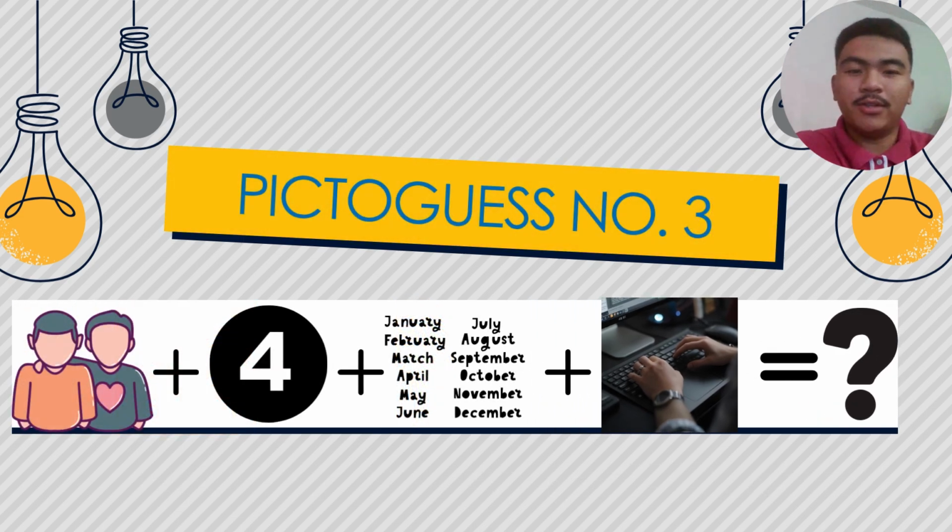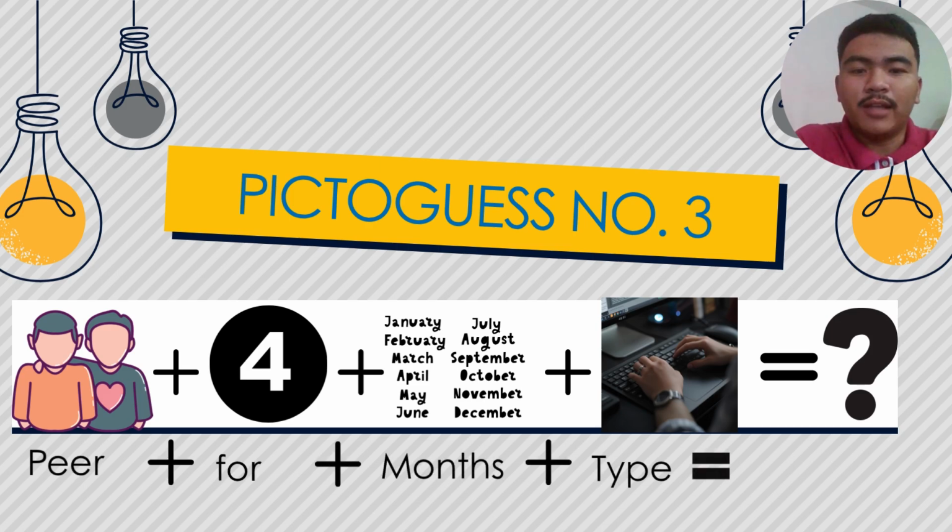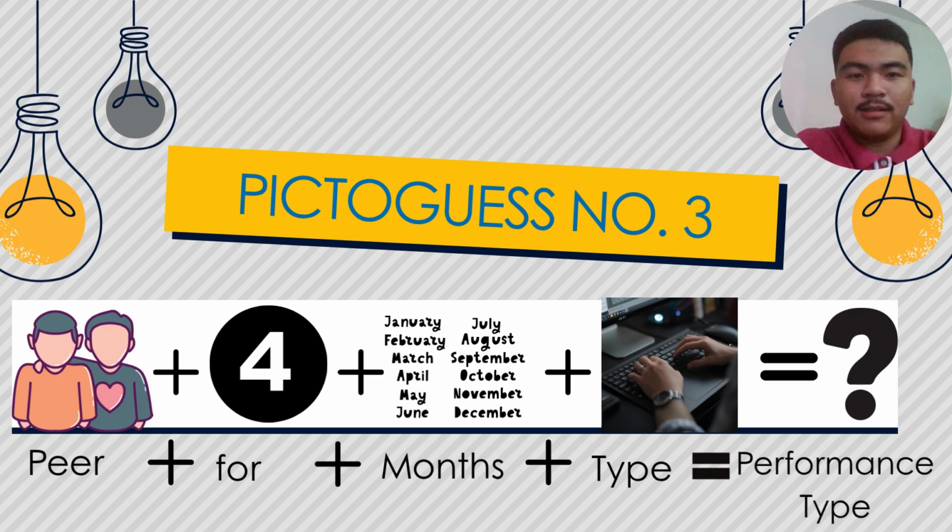For our last Pick to Guess, kindly think critically and answer. The answer is peer, for, months, type, that is performance type.